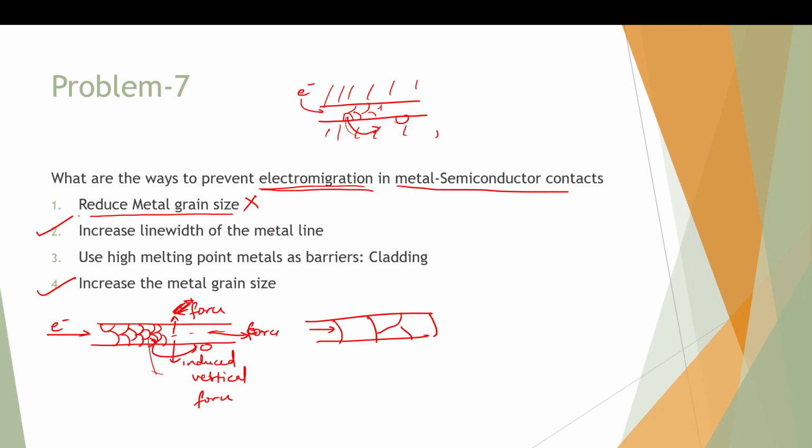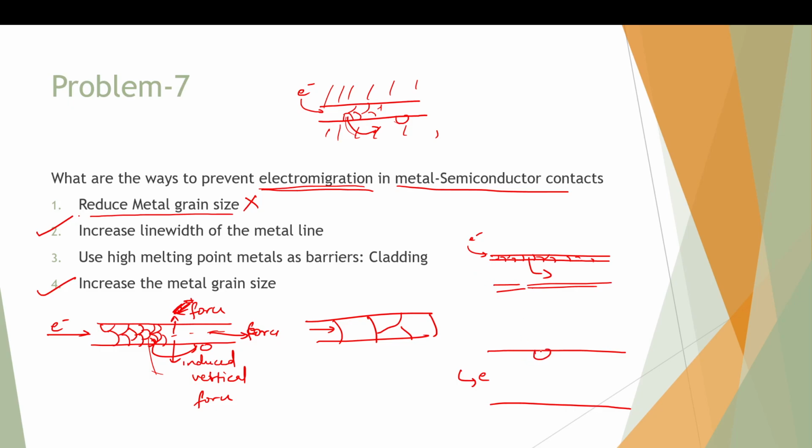Second thing is to increase the line width of the metal line. What will happen if I increase the line width? Say I have one option with small line width and a second option with very large line width. These are both metal wires, and current is flowing through them. Say one of these grains gets knocked off, then the contact is completely gone, right? There is no contact in the middle.